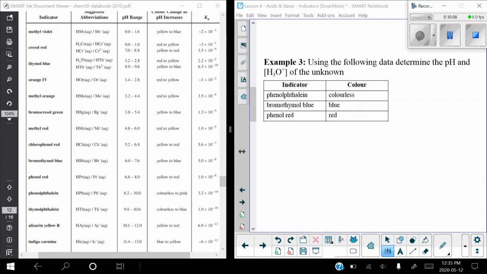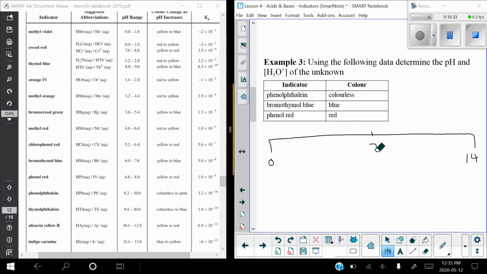Okay, example 3, use the following data to determine the pH and hydronium concentration of the unknown. Okay, so from here we now have 3 indicators that we're using. Same situation. I'm going to first start off with our pH scale. 0, 14, 7.